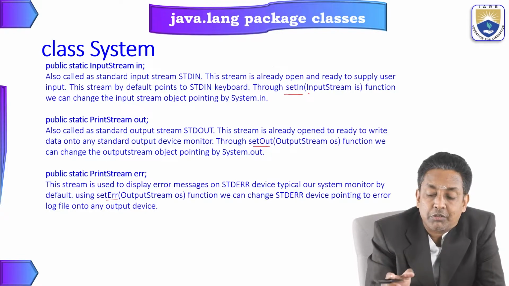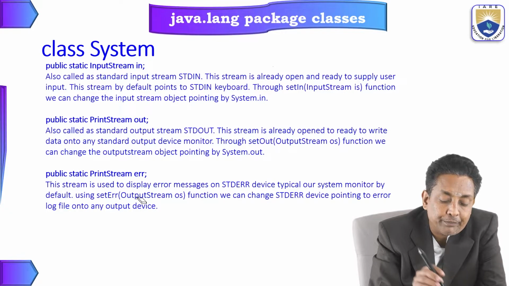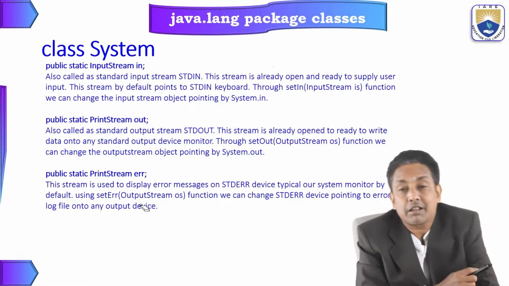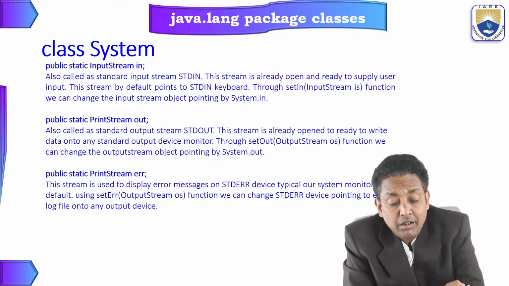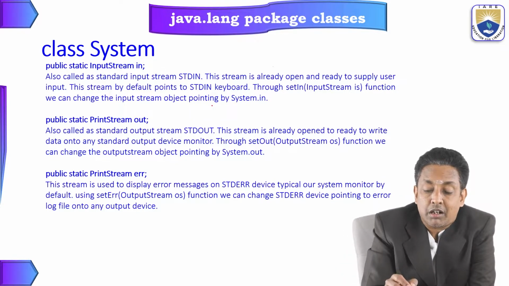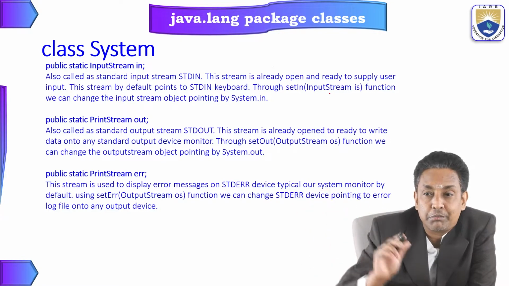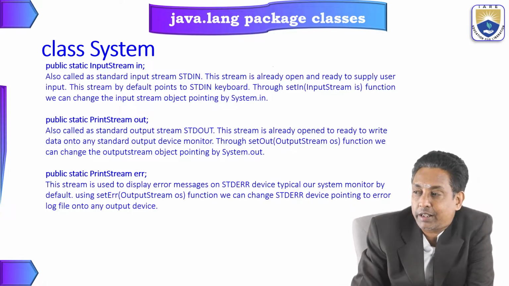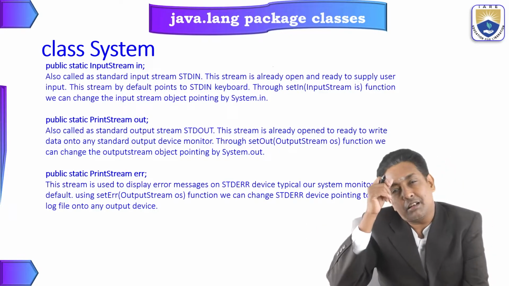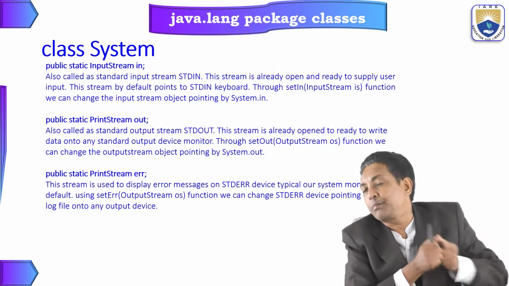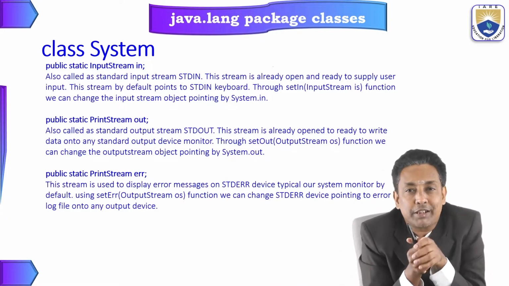In the setIn function, what is the argument? The setIn function takes an InputStream object as argument, and setOut and setErr take OutputStream objects as argument. That means by using the System.setIn function, if you point to any new FileInputStream or socket input stream or some other stream, then System.in.read, instead of reading from the keyboard, will try to read from the socket or from the file system.